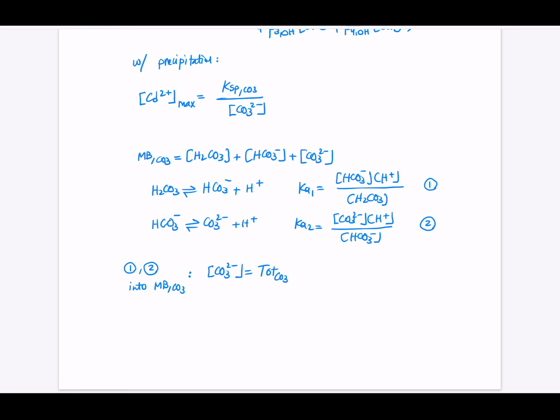Total CO3 is a constant, over 1 plus H plus over Ka1 plus H plus squared over Ka1 Ka2. And then basically we use this for the cadmium 2 plus max calculation.